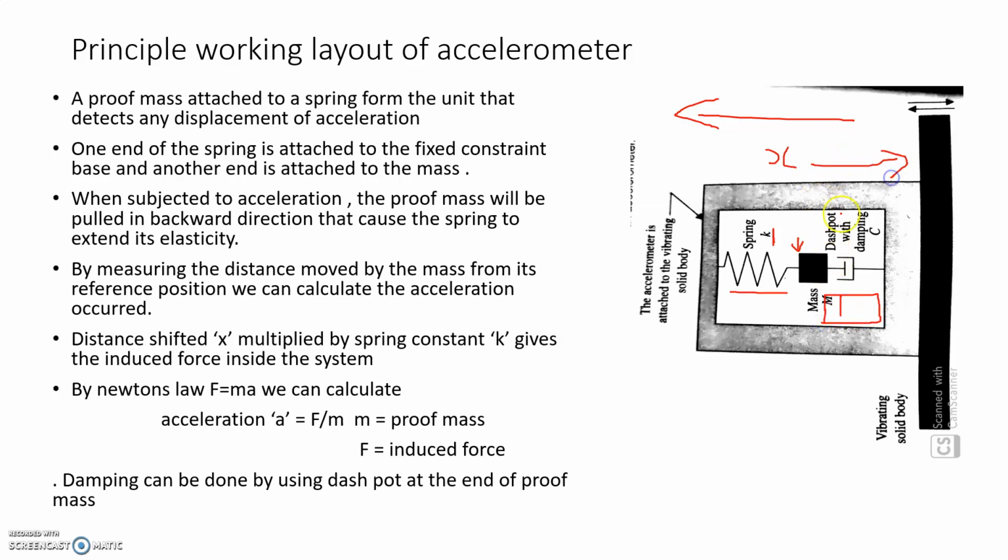So the mass will be moving in this direction. We have a change in distance from this reference point to some distance after acceleration. We measure this distance as x.